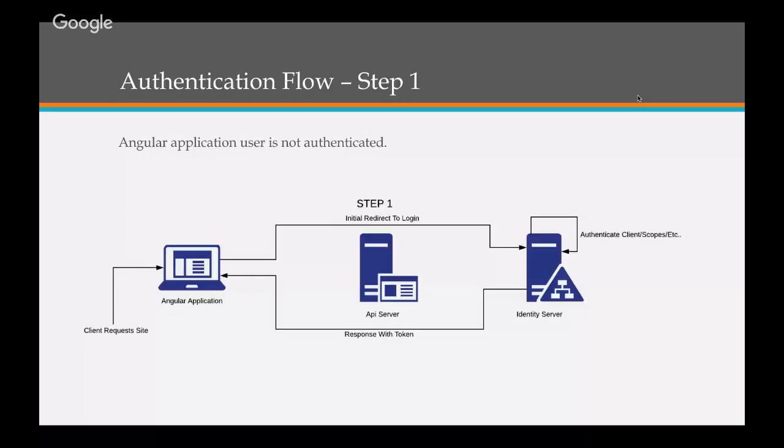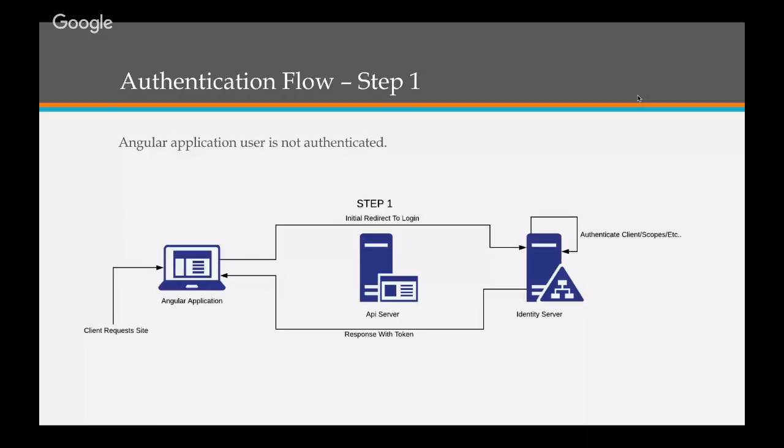And then it authenticates the user after they enter their password and sign in, and verifies that they have rights to even access that client. If they don't, it sends them back saying you can't log in. It's kind of like saying, I have rights to Outlook and Microsoft, but I didn't sign up for Azure Portal, so if I go to Azure Portal, they're going to want to authenticate me against that. After all that happens, it sends you back a token. In this case, we're talking about the OpenID Connect flow, not OAuth server-to-server communications.